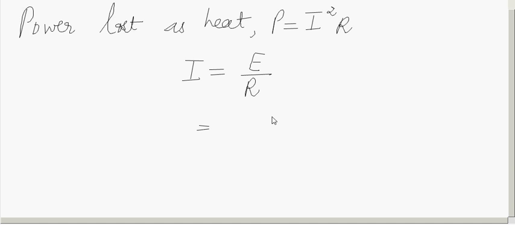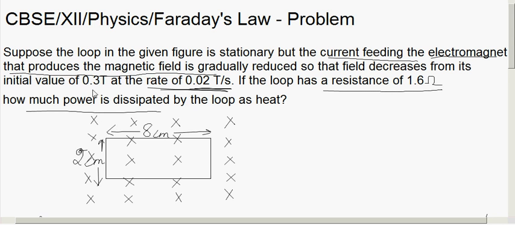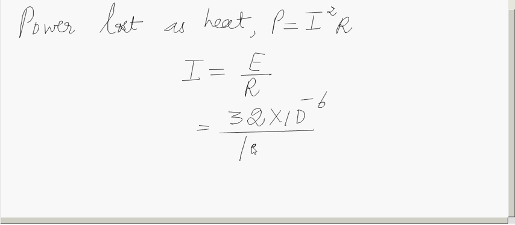I is E by R. First calculate I. E is 32 into 10 to the power minus 6, and R is given, the resistance is 1.6 ohm. This 32 by 1.6 comes to 20 into 10 to the power minus 6 ampere, or 20 microampere.